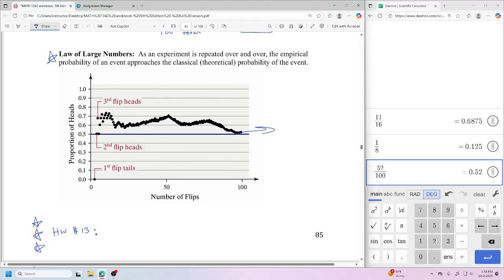You have to use StatCrunch, graph, chart, and then columns. And when you're in there, you have to select aggregate proportions.